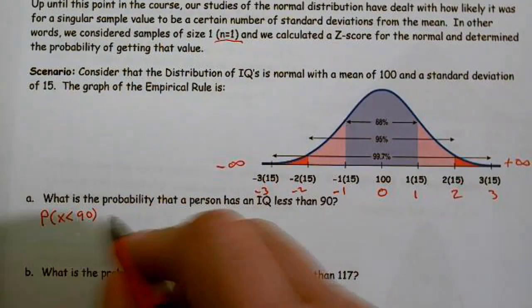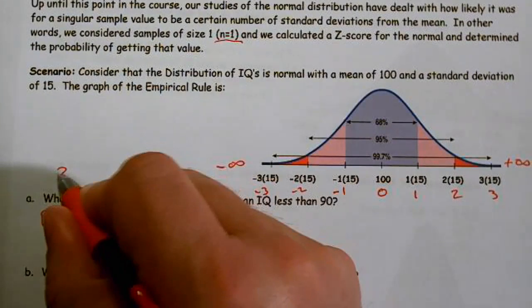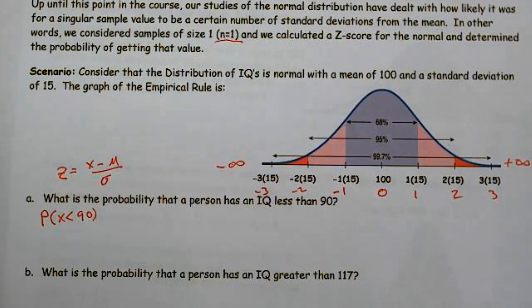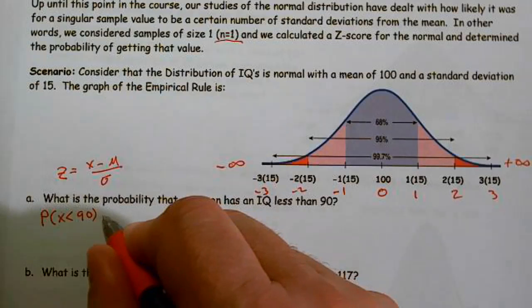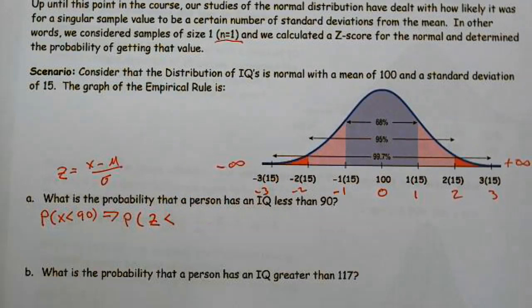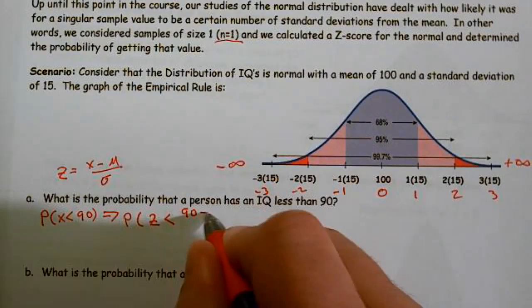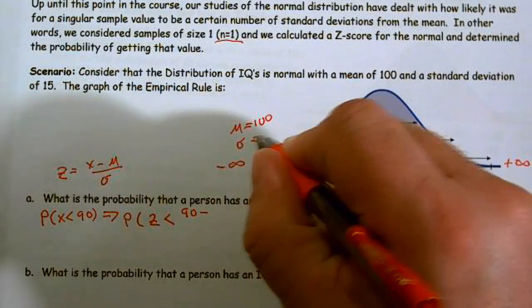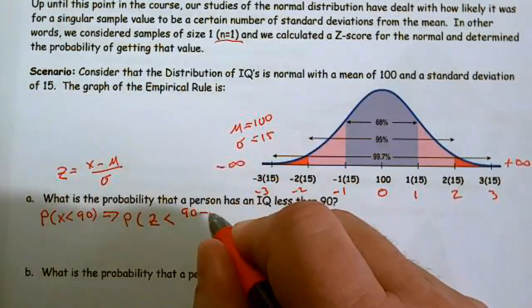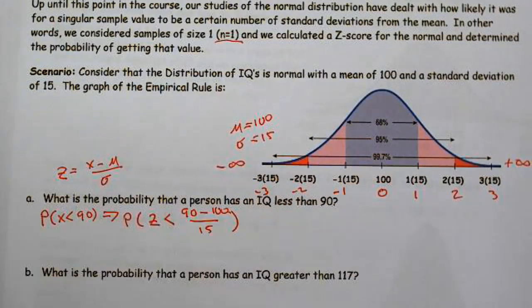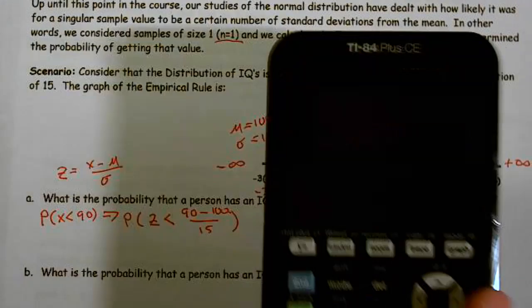My equation is z equals x minus mu over sigma, and we want the probability that z is less than 90 minus 100 over 15, with our mean equal to 100 and our standard deviation 15. Then we calculate that out using a normal CDF. So let's do that real quickly.